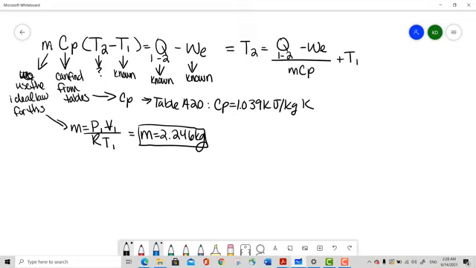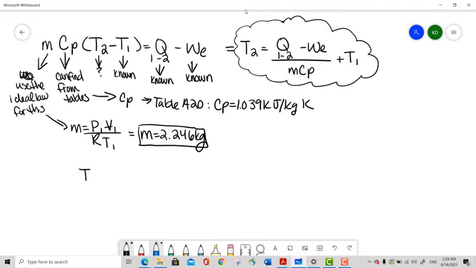So we end up just dividing this to move it over here and then just adding the T1 to get it over to this side. So this is our formula right here, because this is also what we're trying to find, right? T2, that was what was asked.